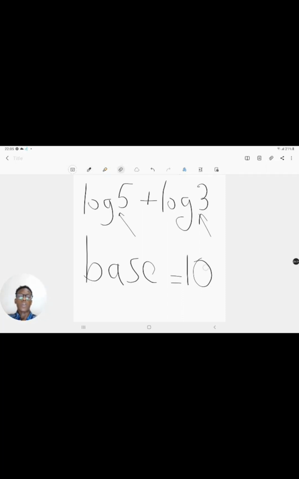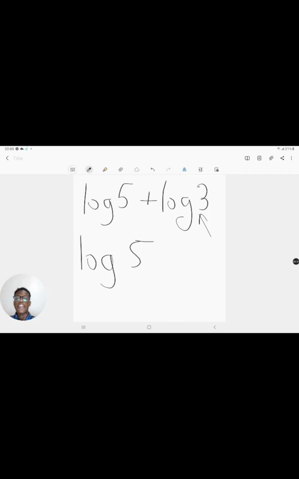So if they write down log 5 like that, this is the same as writing log 5 with base 10. Whenever there is no number there, just know that the number there is 10, but you don't have to write it. Usually we don't write down a 10.